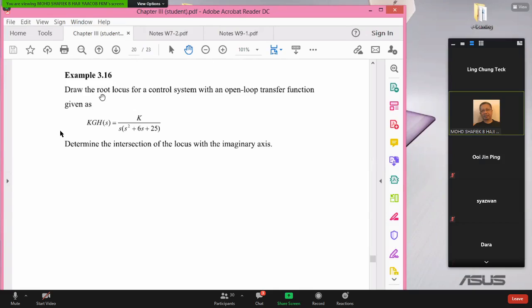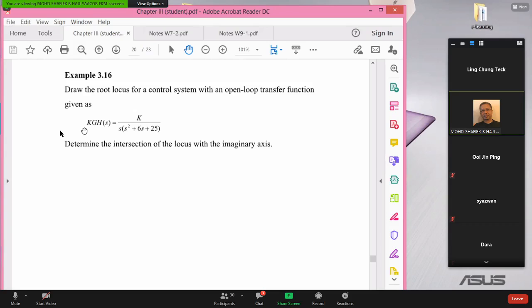Again here, draw the root locus diagram for a control system with open loop transfer function KGH is equal to K divided by S squared plus 6S plus 25. So we are already given this open loop transfer function.